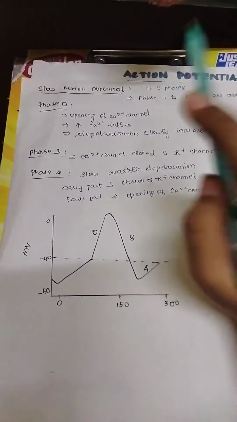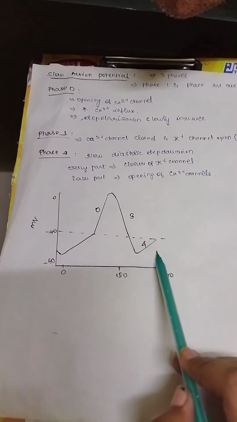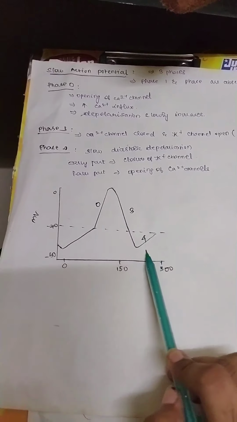Another difference is that in the slow action potential we can't see phase 4 as a restoration of the membrane potential, which we saw in the fast action potential. In the fast action potential, phase 4 is the restoration of the membrane potential.